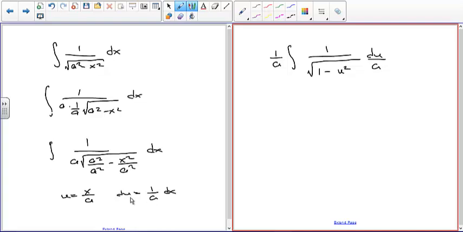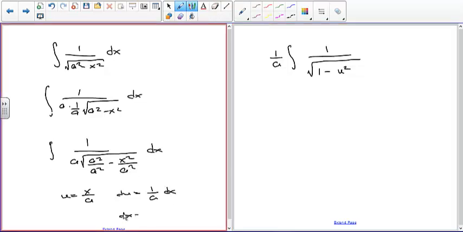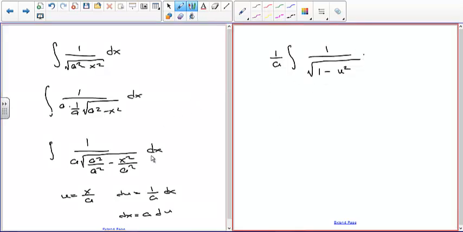If I solve for du, well, actually, it's times a, sorry. Let's go back here. What I'm substituting here is for dx, so I have to solve for dx. So dx is equal to a times du. So for dx, I'll put in a times du.